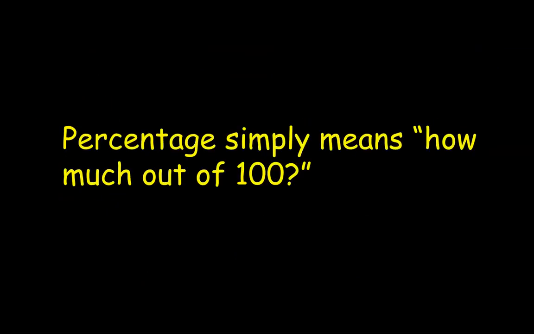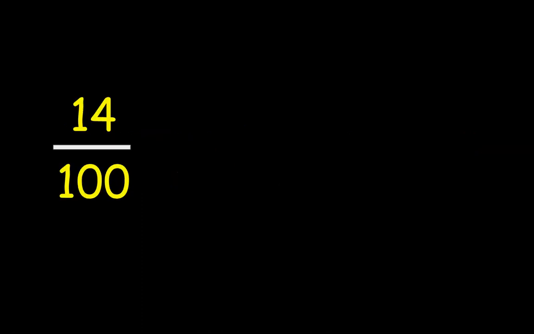The first thing we're going to make sure you get is that percentage simply means how much you get out of 100. So let's say, remember the old pizza story, have a pizza, cut it into 100 pieces, eat 14. You've eaten 14 out of the 100 pieces, you've eaten 14% of the pizza.